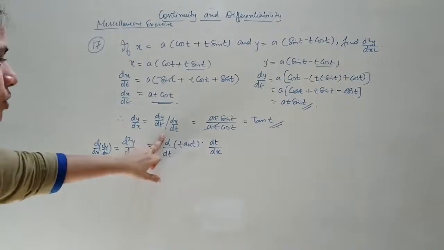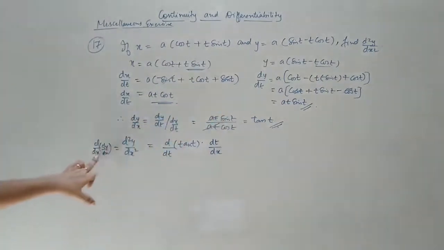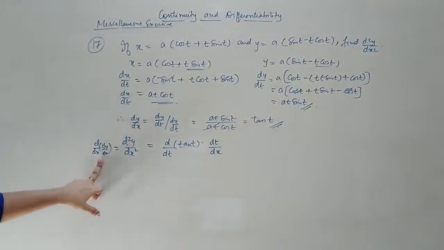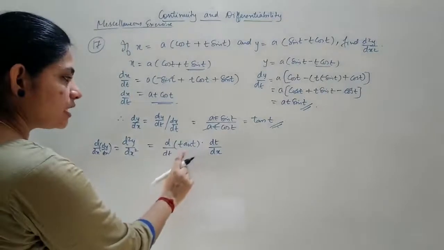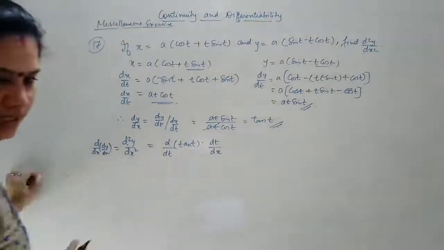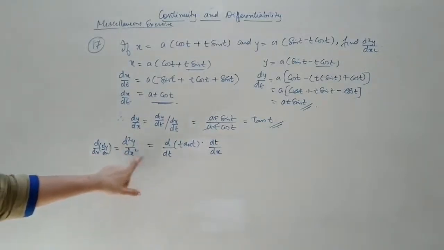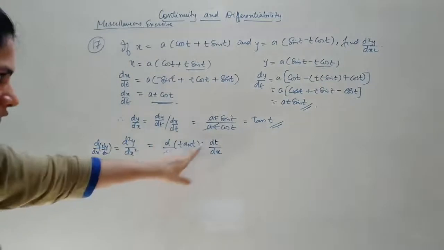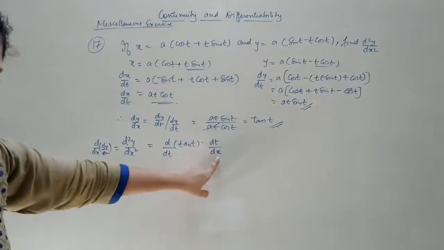That means you have the term tan t to be differentiated with respect to x, but you cannot directly do it. So first you differentiate it with respect to t and then differentiate t with respect to x, because our ultimate purpose is to find it with respect to x. So it will be d by dt of tan t, and then differentiating t with respect to x.